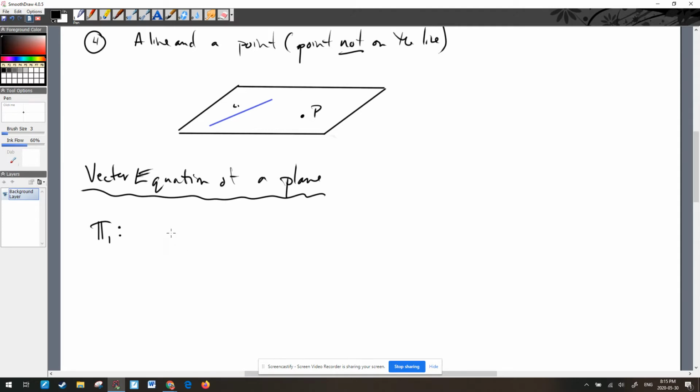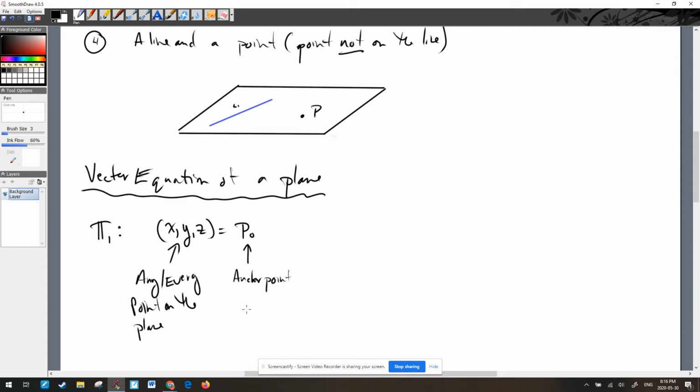Any point on the plane, x, y, z, so this represents any and every point on the plane, is going to be equal to P naught. This is going to be an anchor point, and an anchor point can be any unique point on the plane.